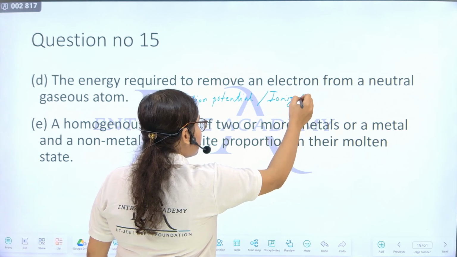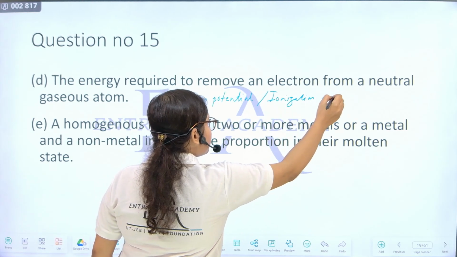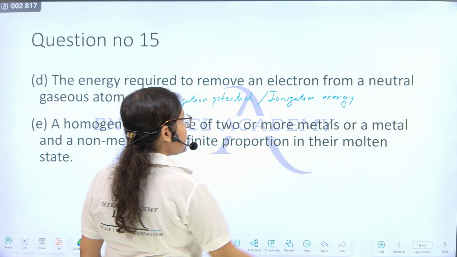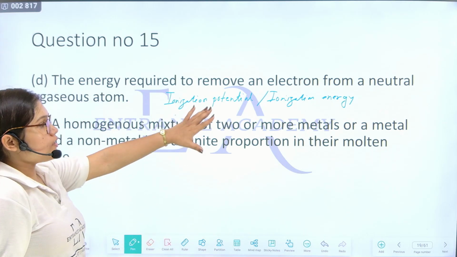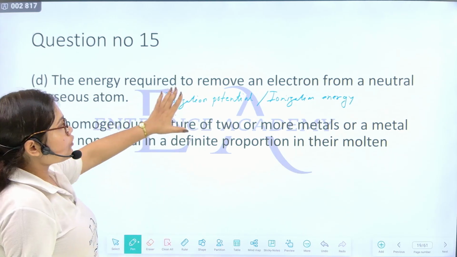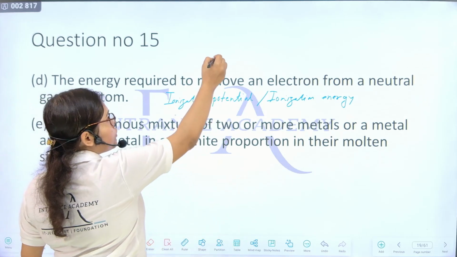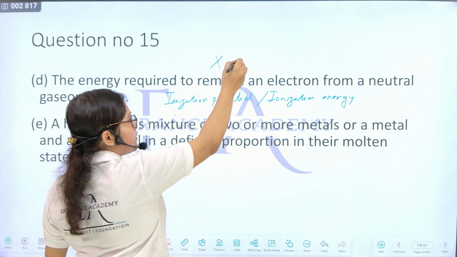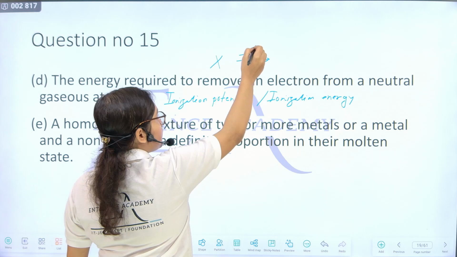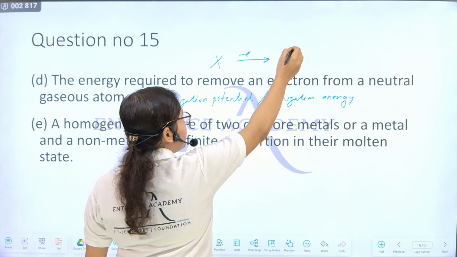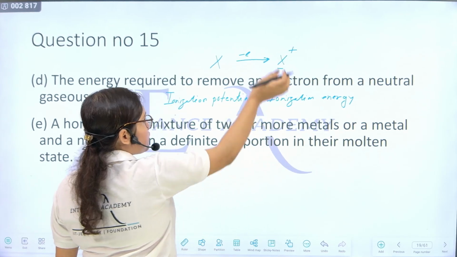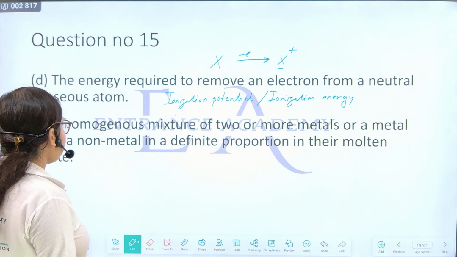Same thing. It is the energy required to remove an electron from a neutral gaseous atom. If this atom is like this, after removing one electron, that is the ionization energy.